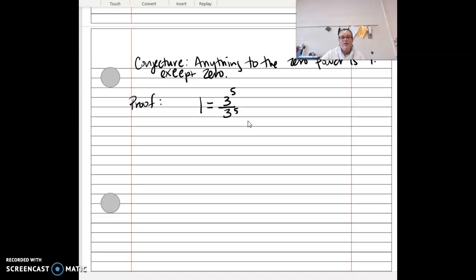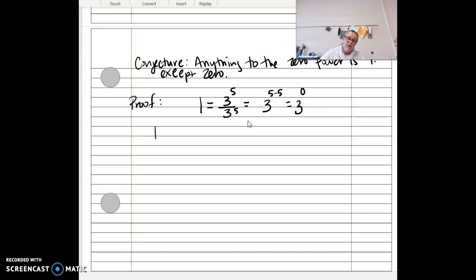It's 1. But now I have this set up using exponents. So if I were to use this rule, I end up getting 3 to the 5 minus 5 power, which is 0. So 3 to the 5th divided by 3 to the 5th could actually be written as 3 to the 0, which is 1.